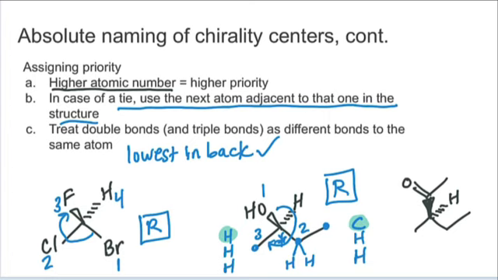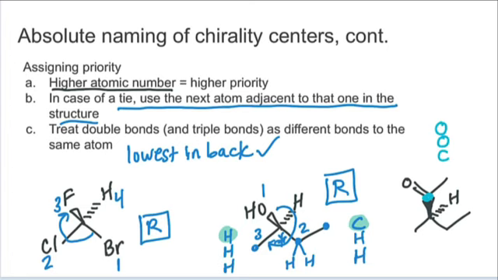Then the means by which we would determine our rankings would include kind of ranking the atoms off of this carbon. So what I see off of that carbon is an oxygen, and then an oxygen, and then a carbon, okay? So it's as if the carbon-oxygen double bond was actually 2 different separate bonds to oxygen atoms, right?